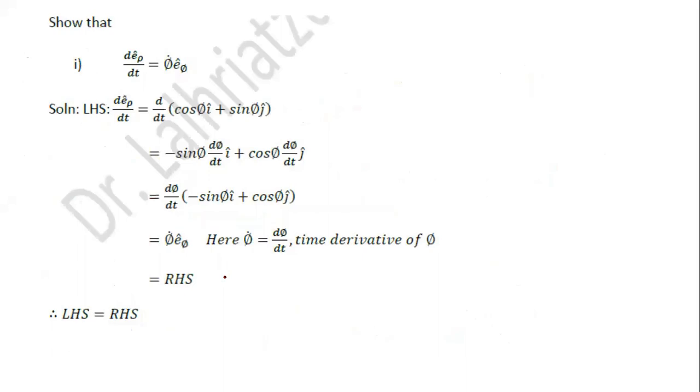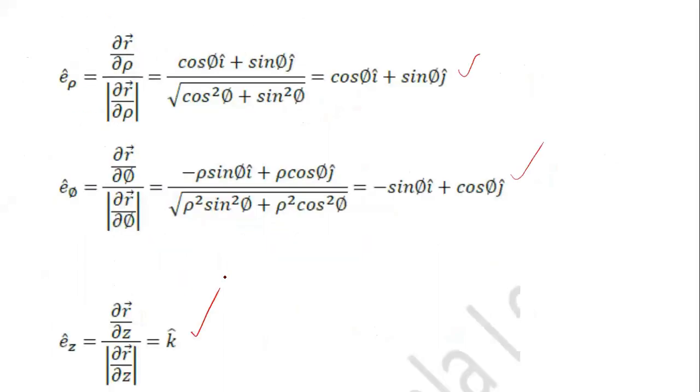How do we prove that this is an orthogonal system? How do we know that our cylindrical system is orthogonal? You can verify it by taking a dot product, E rho dot E phi. What will be E rho dot E phi?